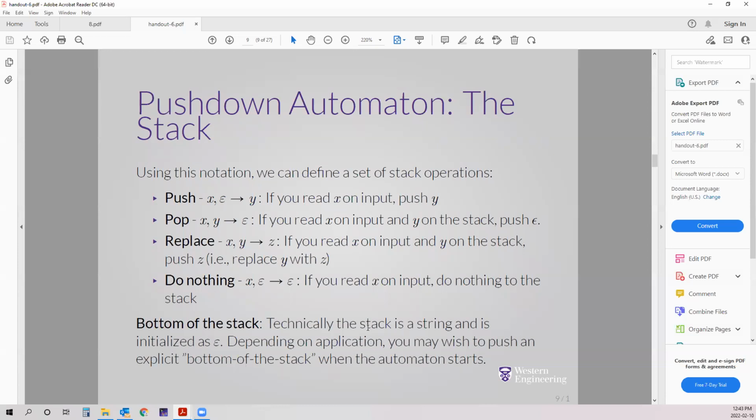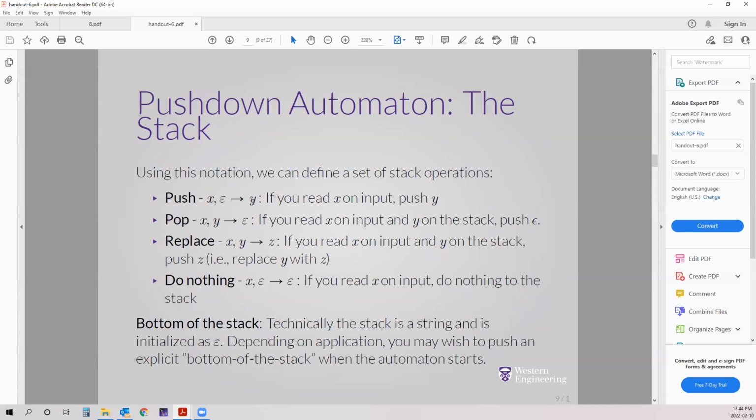Push-down automaton, the stack. Using the notation, we can define a set of stack operations: push, pop, replace, or do nothing. The two main operations are push and pop, as I mentioned before, but we can also replace the top symbol in the stack.